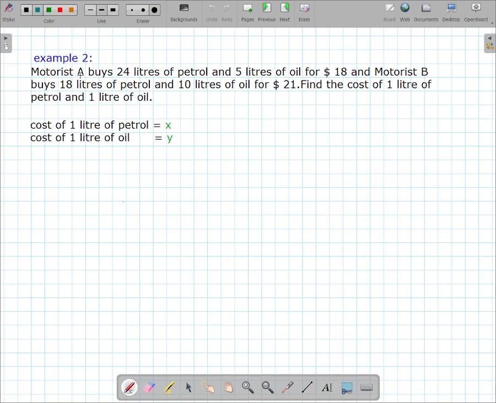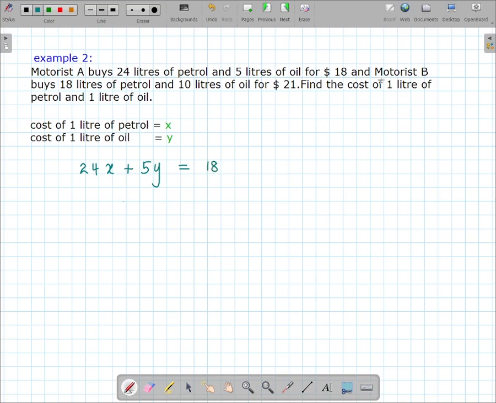So Motorist A buys 24 liters of petrol. So 1 liter is x, so 24 liters, it is 24x. And 5 liters of oil. 1 liter is y, 5 liters, 5y. Plus 5y, the total cost is 18.